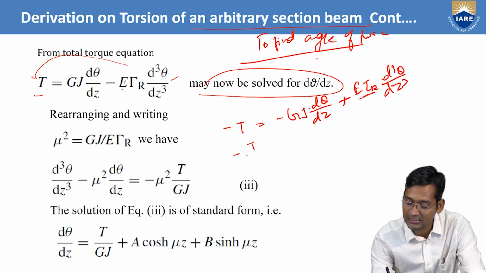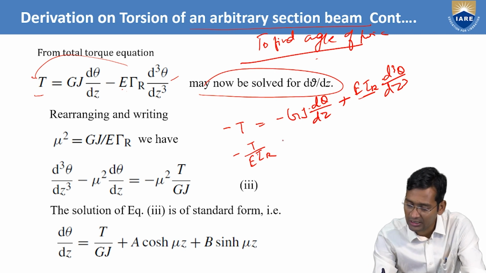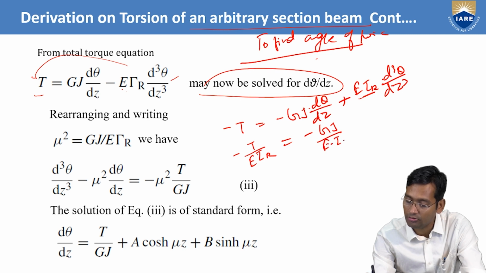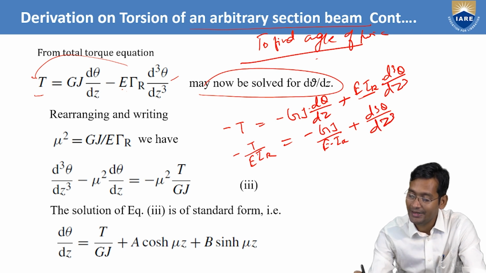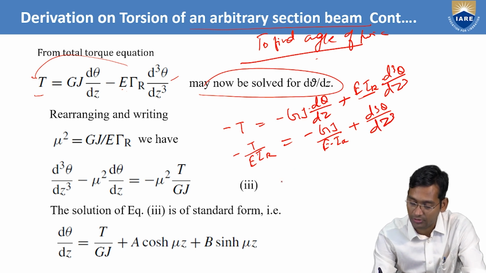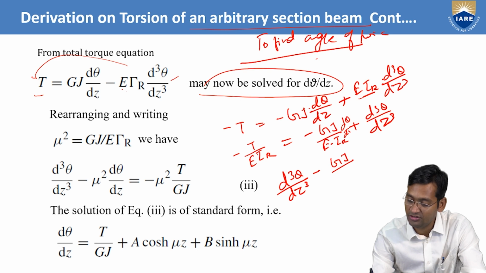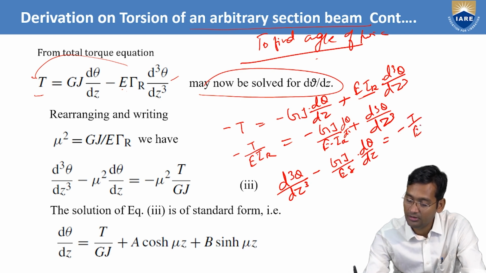So minus T by E tau r is equals to minus GJ by E tau r into d theta by dz plus d cube theta by dz cube. Now I am writing this in arranged form: d cube theta by dz cube minus GJ by E tau r into d theta by dz is equals to minus T by E tau r.